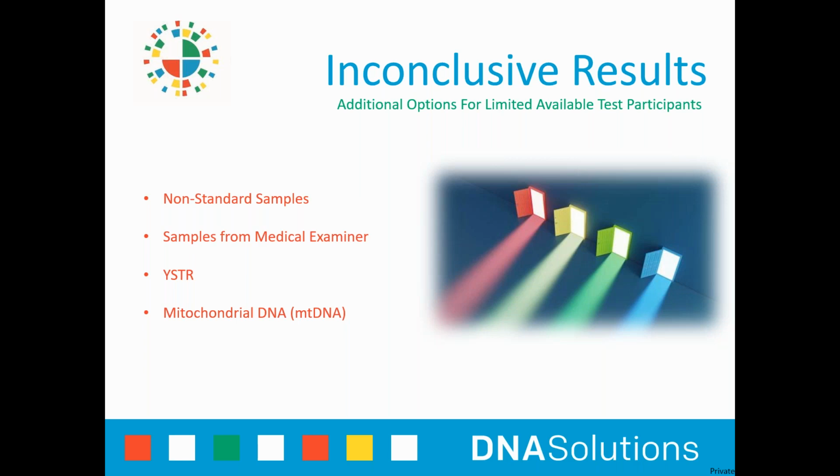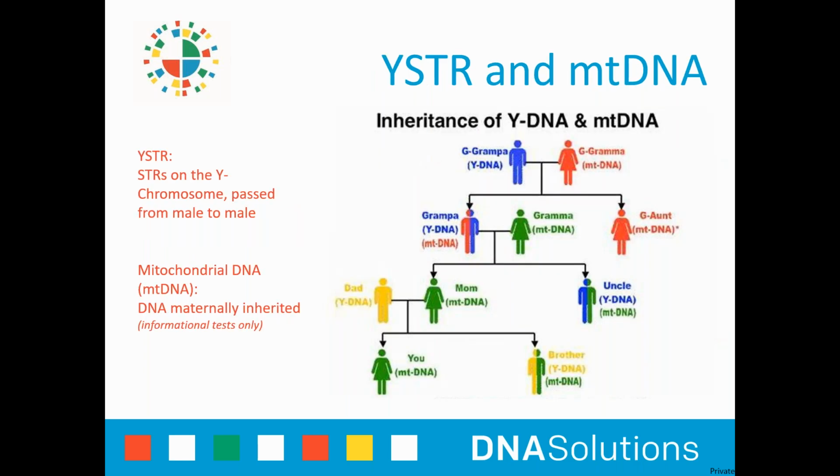Finally, you could consider Y-STR and mitochondrial testing. Only males have Y chromosomes. The Y chromosome is transmitted directly from father to son. If you're going to use a Y chromosome test, you need an unbroken male lineage from your person to your sample. So here we have G grandpa. He has this blue Y DNA, which he passed to his son.